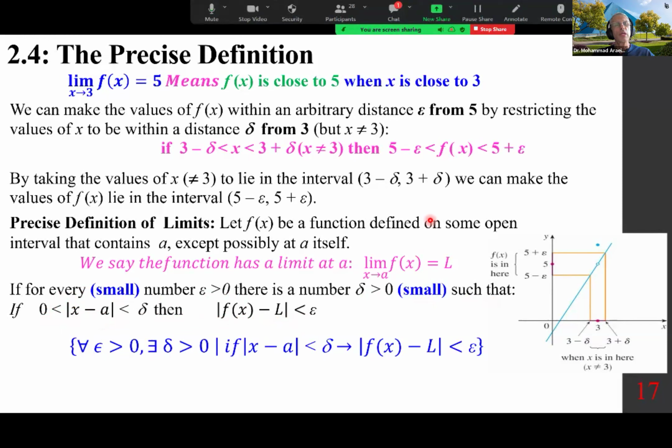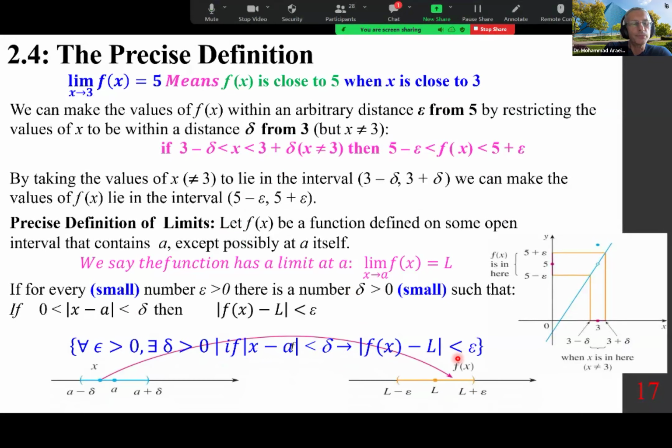Now, the synopsis of what we have said here is here. So I'm going to read it for you. In the notation: whatever epsilon larger than 0, there exists a delta larger than 0, such that if the absolute value of x minus a is less than delta, it results that the absolute value of f of x minus L is less than epsilon.